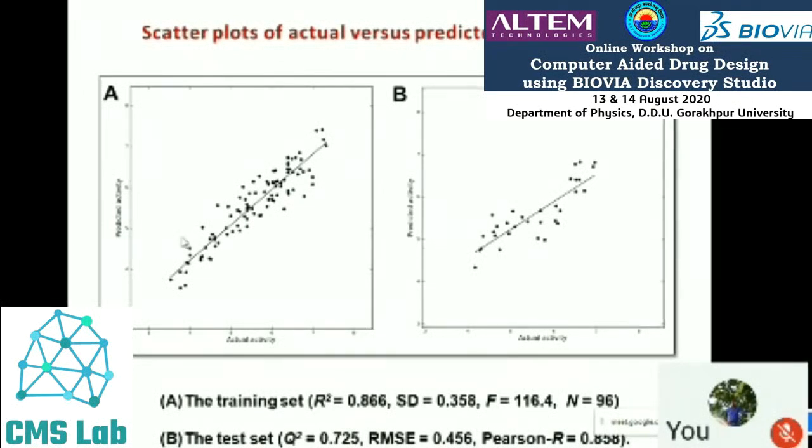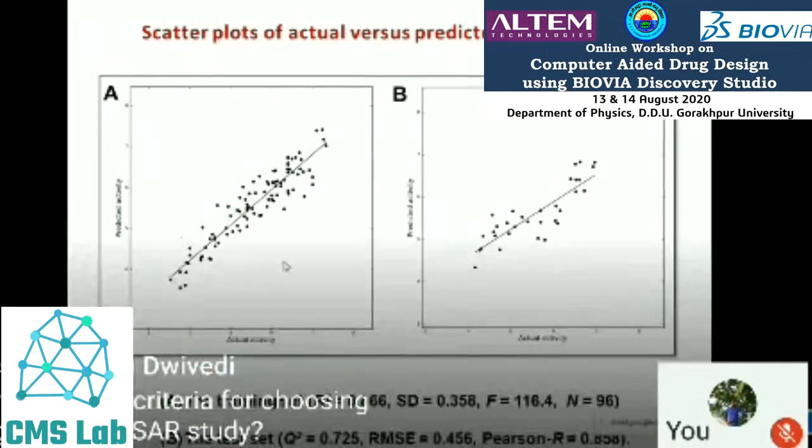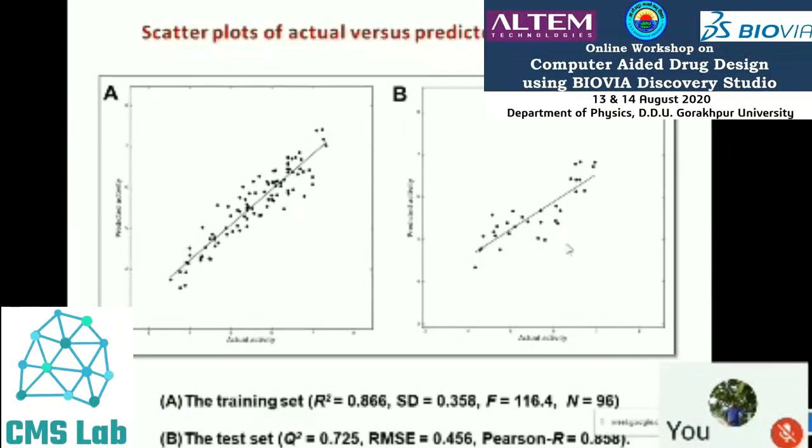We used 75% of the molecules in the training set and 25% in the test set. The training set on the left-hand side is plotted as the actual activity, which we collected from the literature with experimental studies, against the predicted activity based on these pharmacophore models and QSAR. The R squared was 0.8.